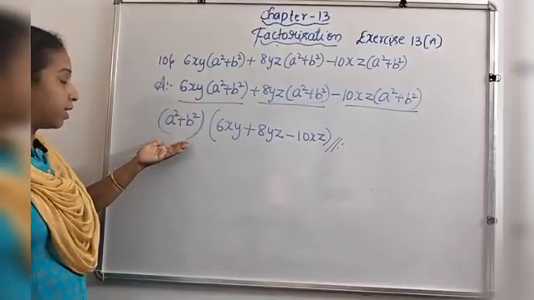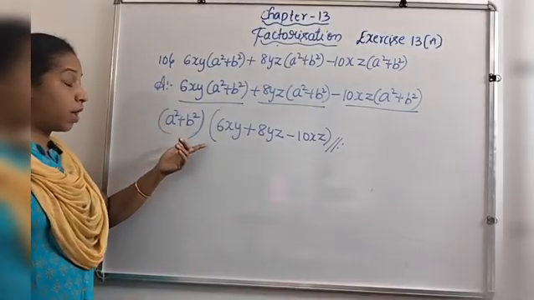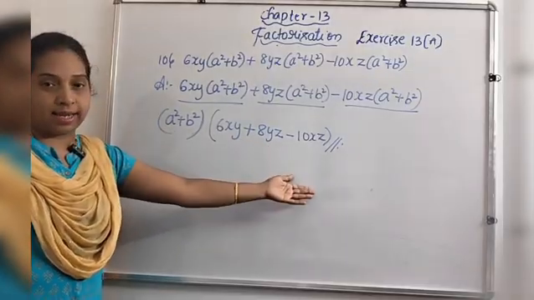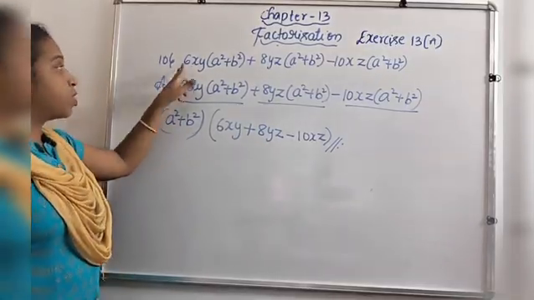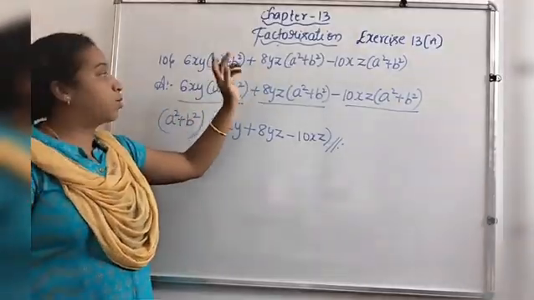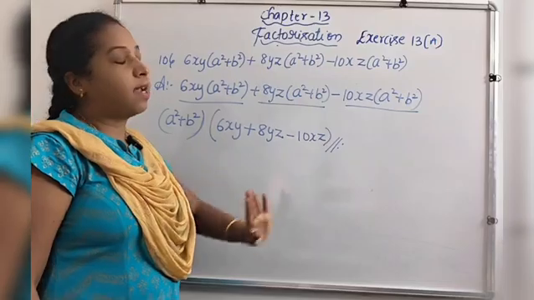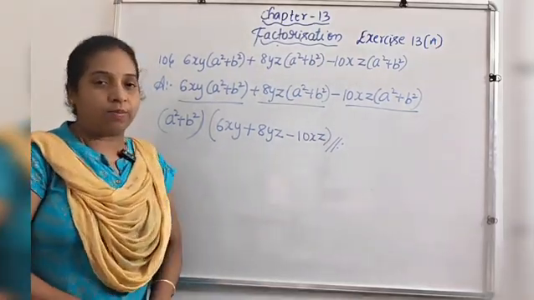These are the factors. A square plus b square into 6xy plus 8yz minus 10xz are the factors of 6xy into a square plus b square plus 8yz into a square plus b square minus 10xz into a square plus b square.